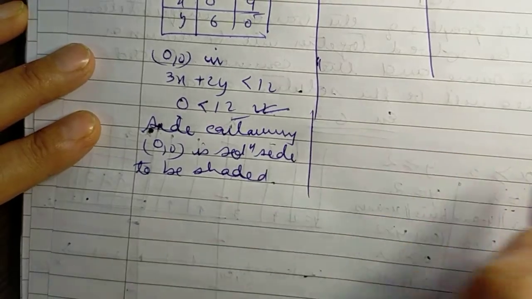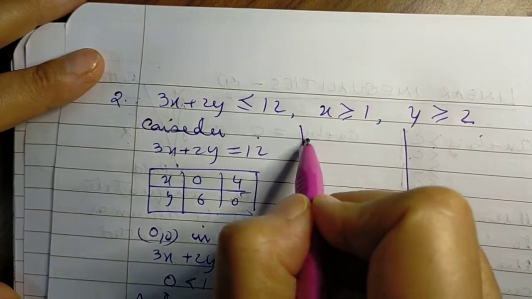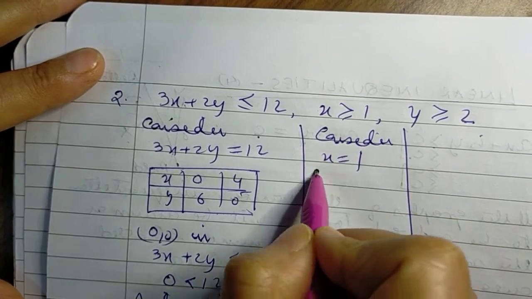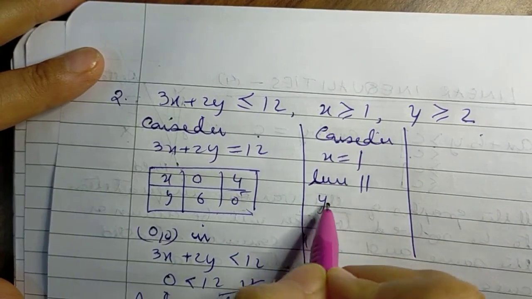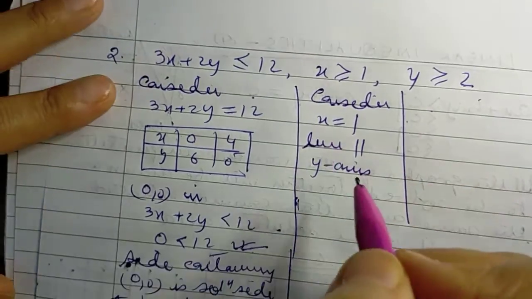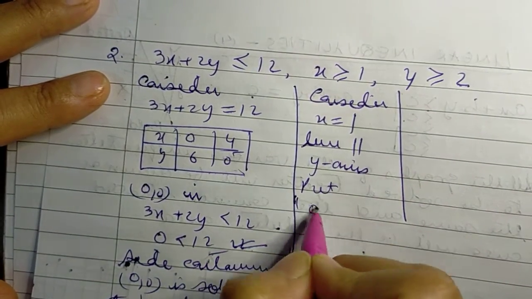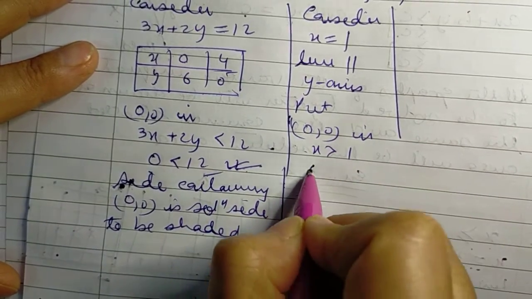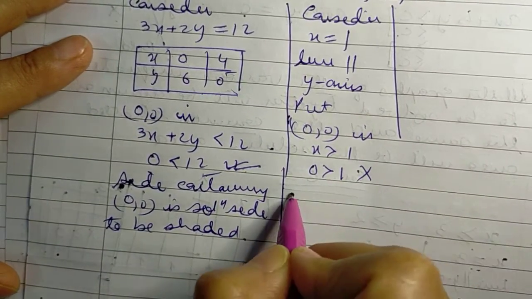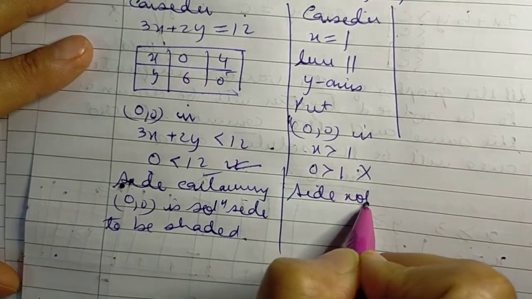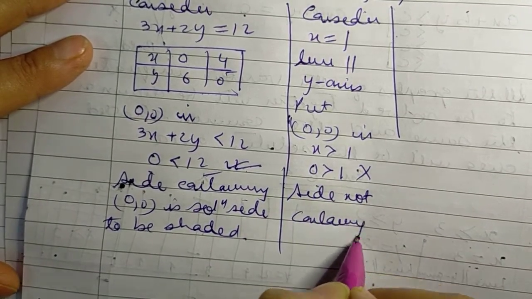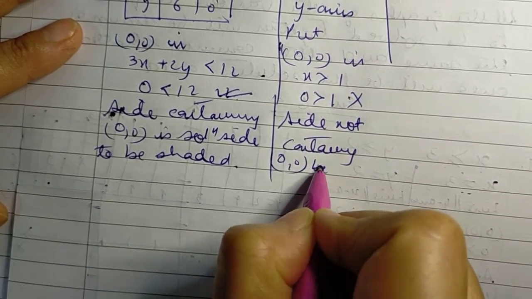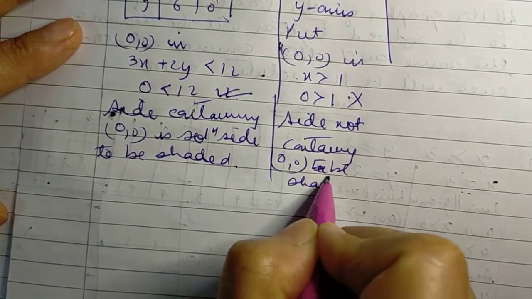Right, now we come to x greater than or equal to 1. The corresponding equation is x equal to 1, a line parallel to the y axis through x equal to 1. Then you put the origin in the corresponding inequation, that is 0 is greater than or equal to 1, which is false. So the side not containing the origin is to be shaded.